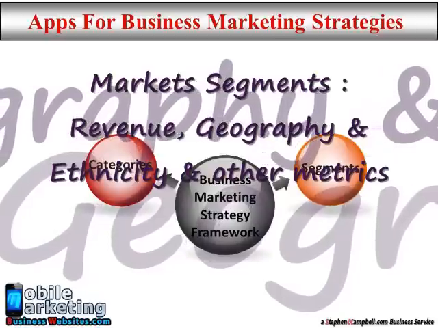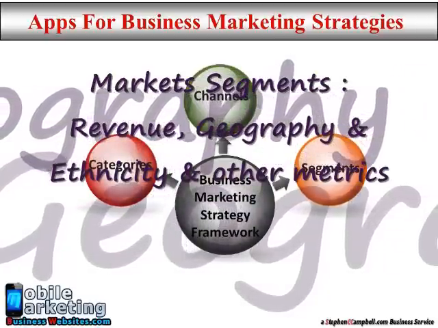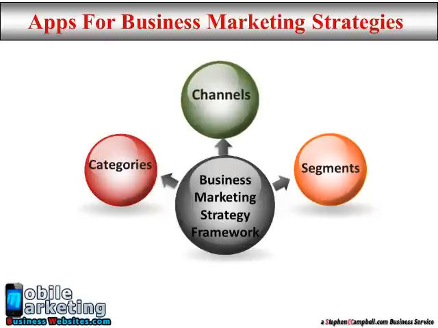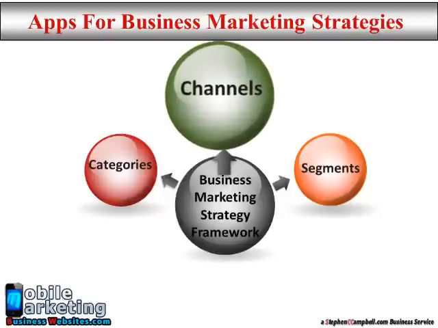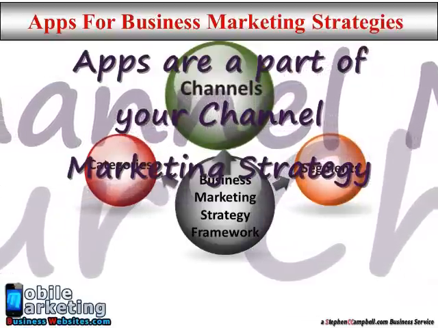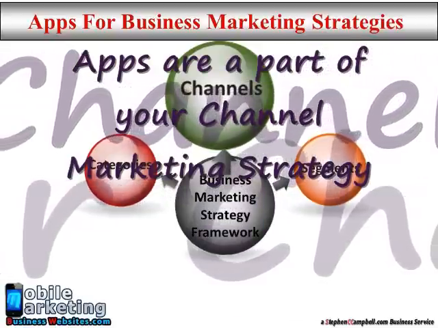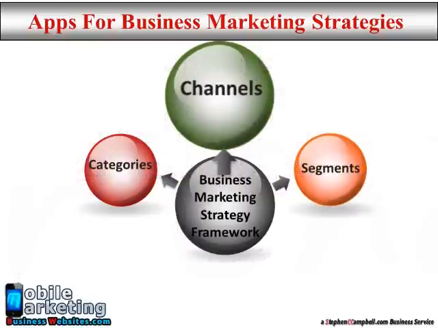It could be by different types of companies, market verticals, but it's also important to get that into place, and it fits into line where our main focus is today, where we're talking about channel marketing strategies. The apps that you use within your business form a part of your channel marketing strategy of how you actually connect to your end user clients.